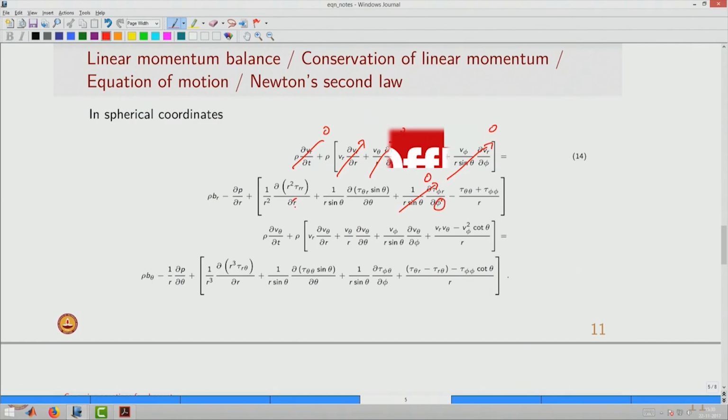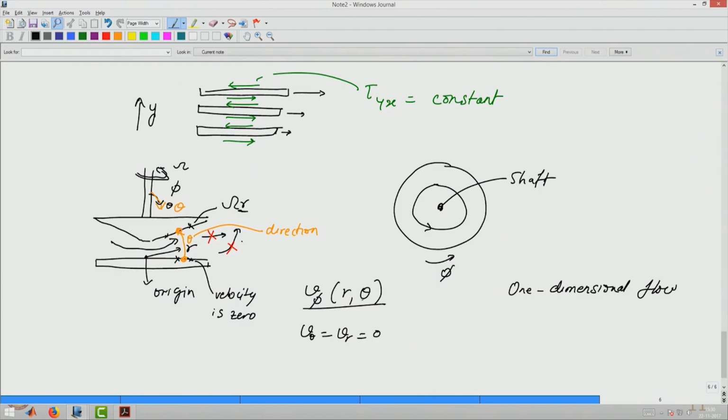There is theta dependence because we have V phi as a function of theta. So, the most dominant component will be tau theta phi.